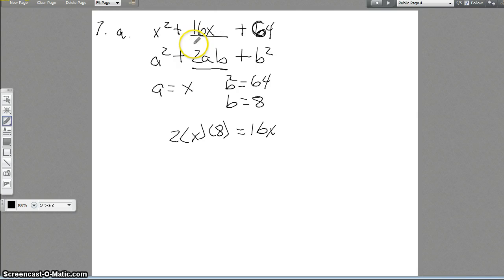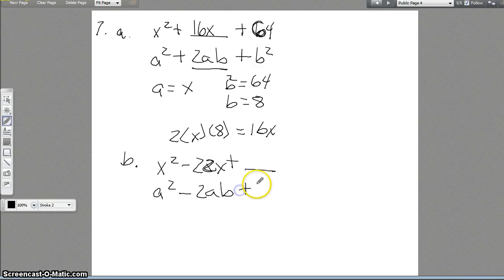Now we will do part B. Part B, we have x squared minus 22x plus blank. Okay, so again, we have a squared minus 2ab this time because it's a negative, plus b squared. Our a has to be x. We don't know what our b is, but we know that negative 2ab is 22x.